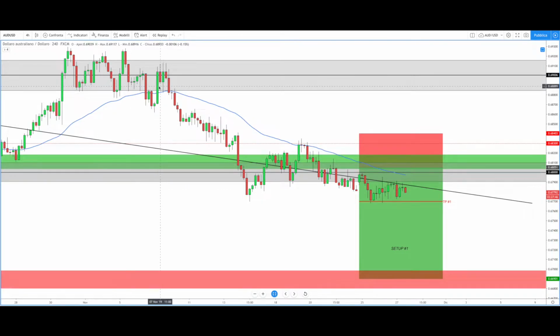But after this last failed attempt to break this key level, the price started a strong bearish movement that brought it to break this other key level 0.68, a level that we know very well because it's one of the most important levels on Australian dollar US dollar.